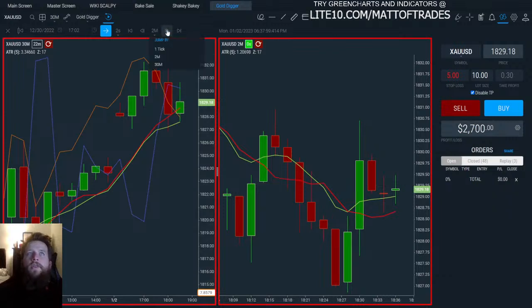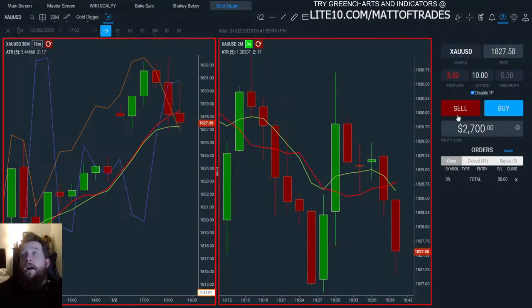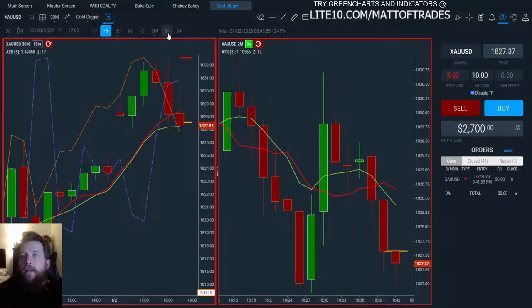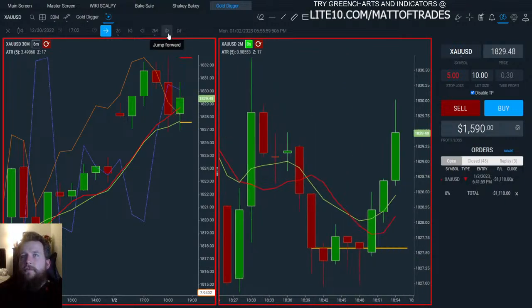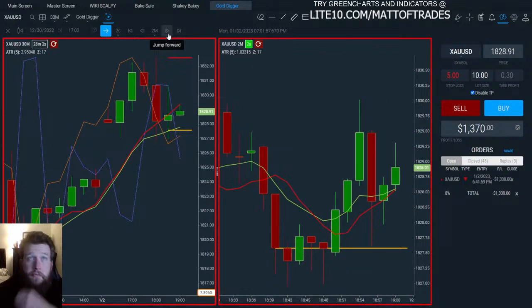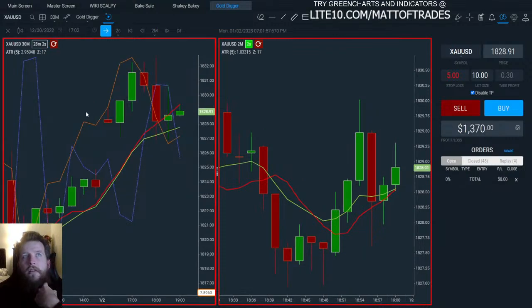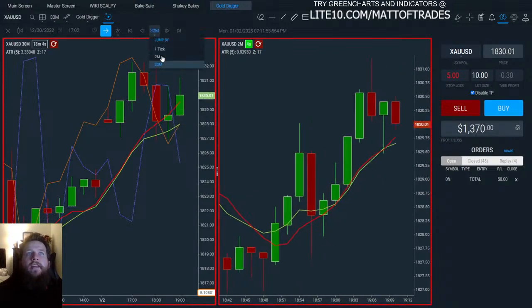Okay, and our blue is no longer agreeing, so... well, it is now. Okay. It's telling us to get out right there. So our TNT line's flipped, so that is get out immediately.